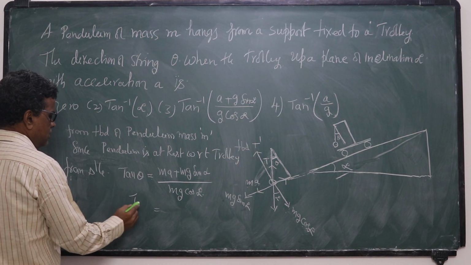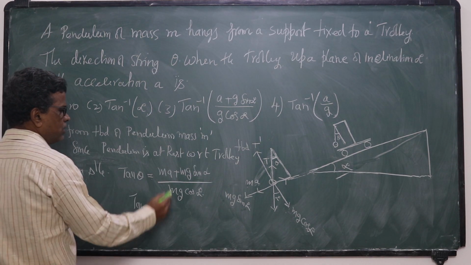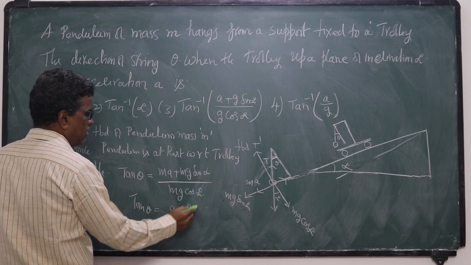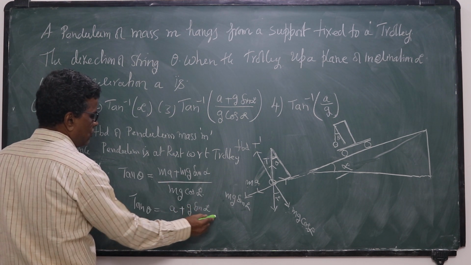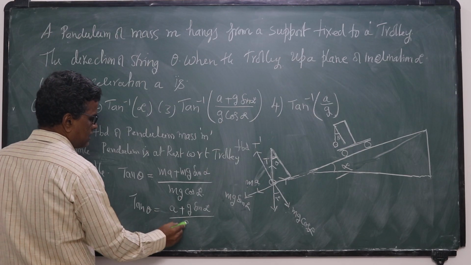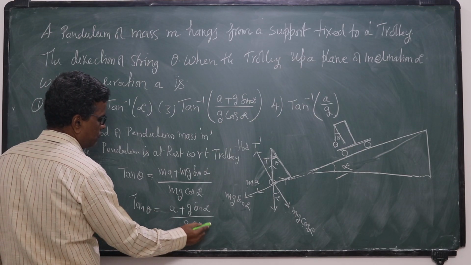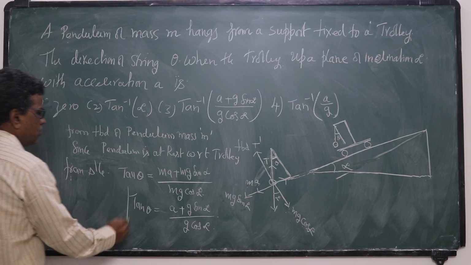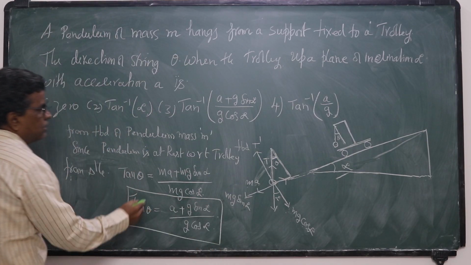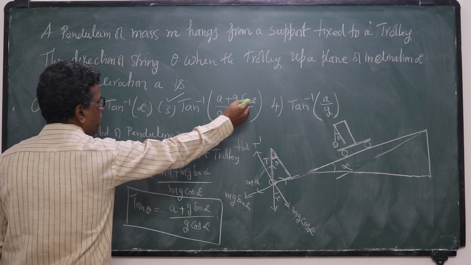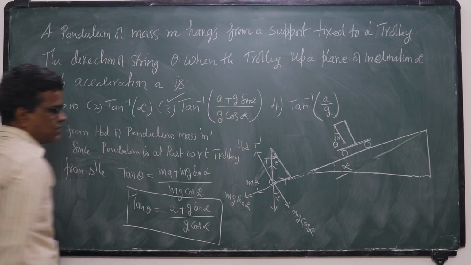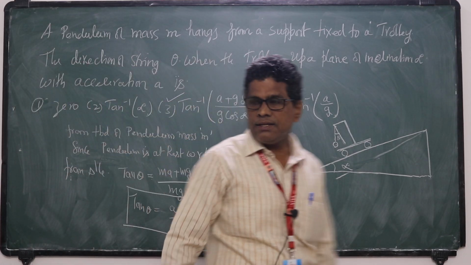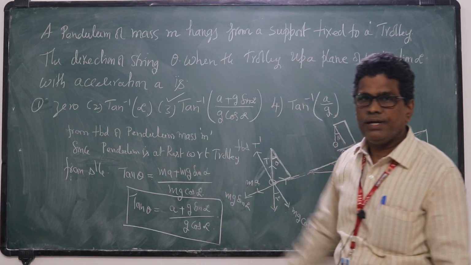So tan theta is equal to (a plus g sin alpha) by g cos alpha. Okay, this is the answer. So theta is equal to tan inverse of (a plus g sin alpha) by g cos alpha. Clear this one? This is another example. Okay, take this.